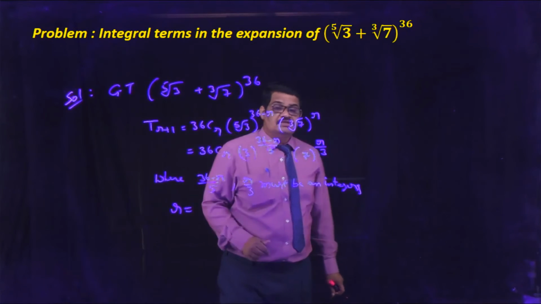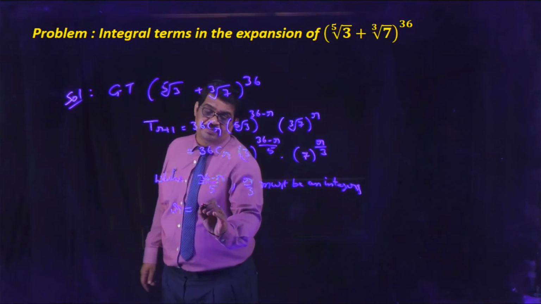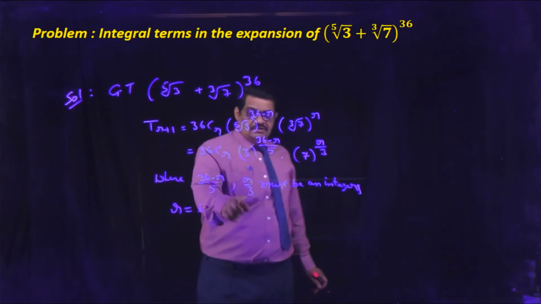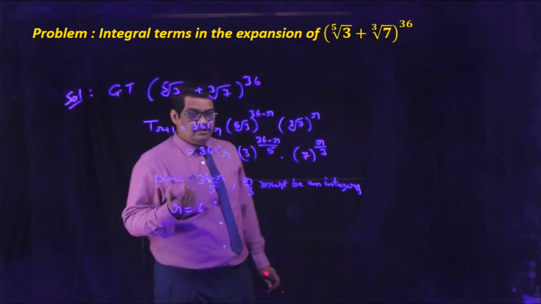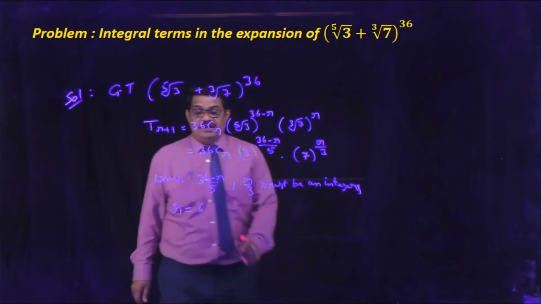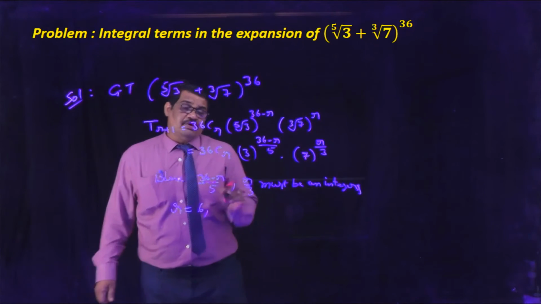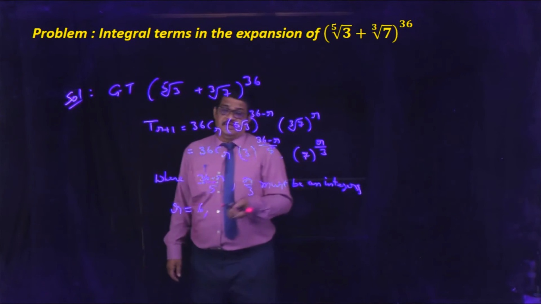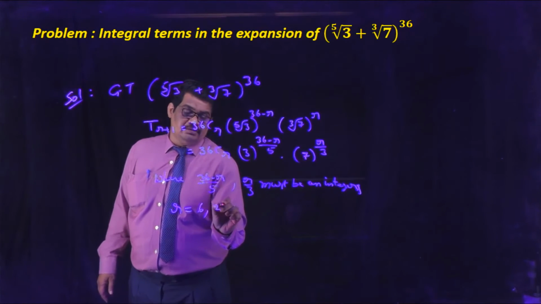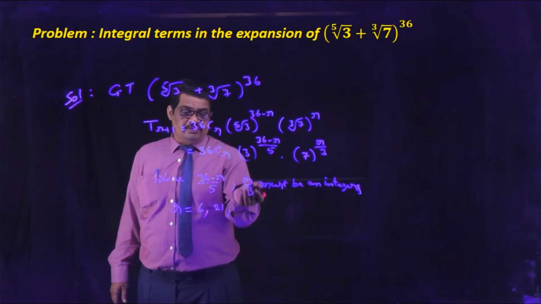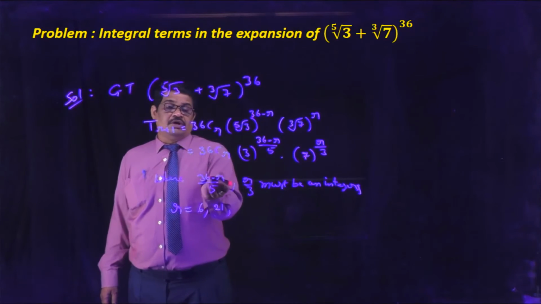Then we take 6. If R is equal to 6, then R by 3 is an integer, and this term is also an integer, that is 30 by 5, which is divisible by 5. Okay, take R equal to 6. Next we observe R equal to 21: 21 by 3 and also 15 by 5 are integers.